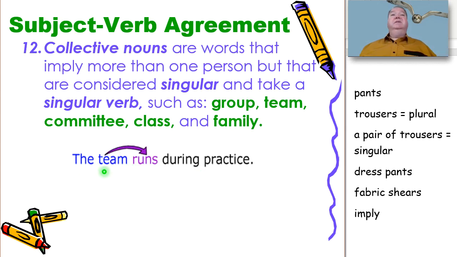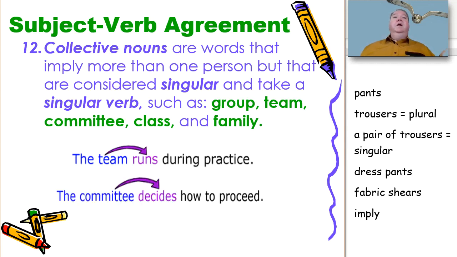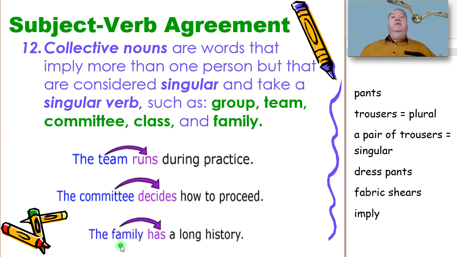The team, singular, runs during practice, even though there may be many people on the team. The committee decides how to proceed. The committee, singular, decides how to proceed. The family, singular, has a long history. Singular, singular, singular.